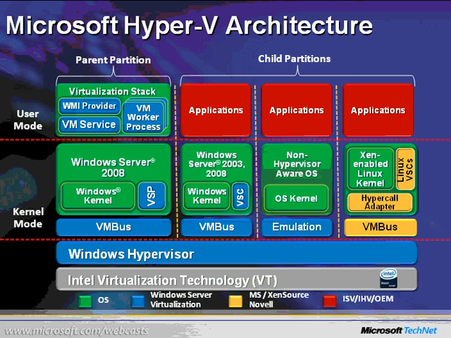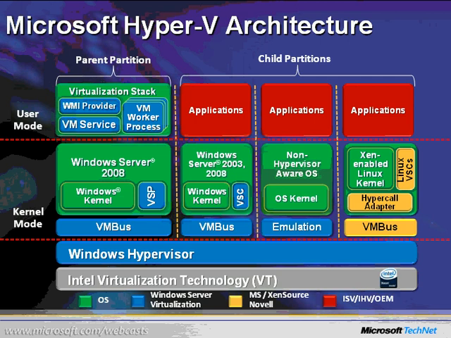So when we look at the Hyper-V architecture, we see that down at the bottom we have our hardware. That's really where the Intel VT technology is embedded. It's embedded in the hardware. And one of the requirements that we'll talk about is that when you install Hyper-V on an Intel chipset server, you may need to turn those features on if they haven't already been turned on by your OEM.